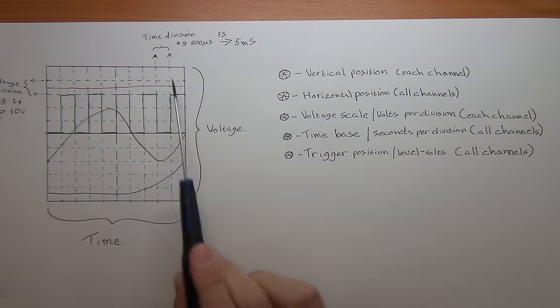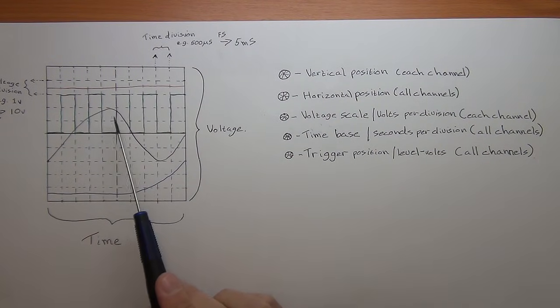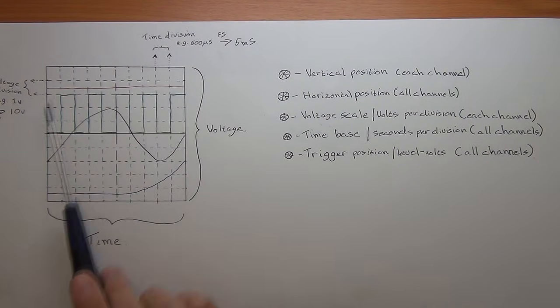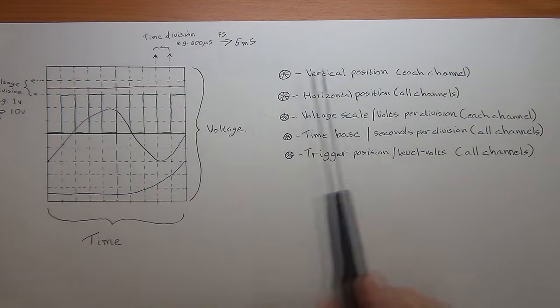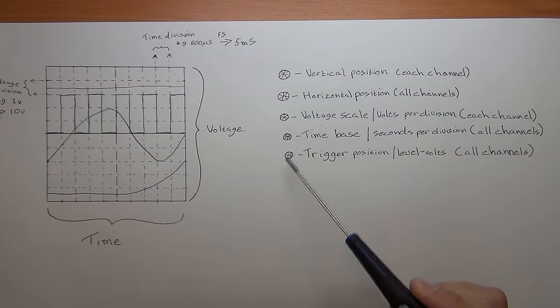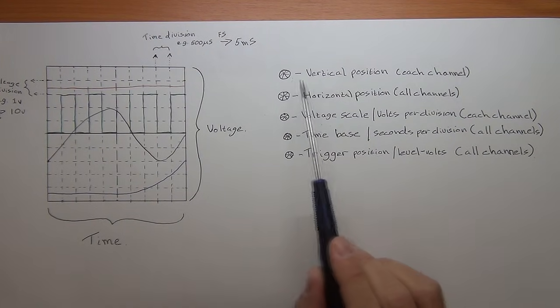To be able to do that, we have certain knobs where we can adjust the parameters of what we're seeing on the screen to make it easier to analyze. So I'll go through the basic adjustments that we have on an oscilloscope.